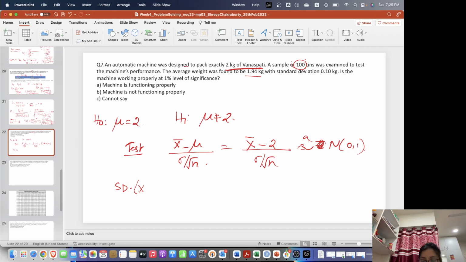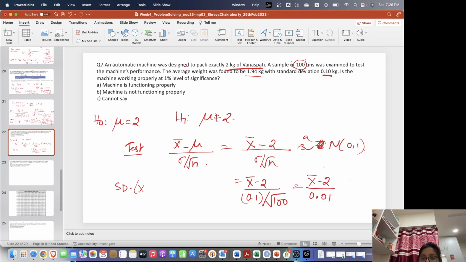So instead of sigma we'll put this here, divided by root over 100. So x bar minus 2 by 0.01, this is the test statistic.